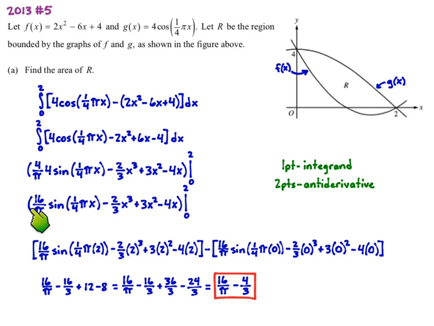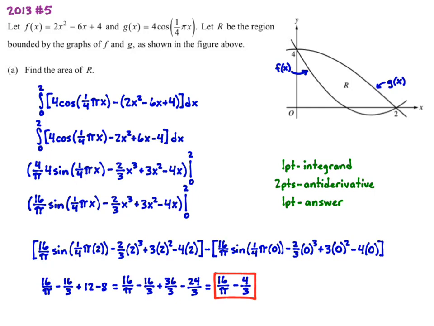My guess is you would get 1 point for having the correct antiderivative for the trig function, and then 1 point for having the correct antiderivative for the entire polynomial function. So in all reality, even if you did the trig antiderivative wrong, you'd still get 2 points, one for the integrand and one for the second antiderivative. And then you would get 1 point for your final answer.